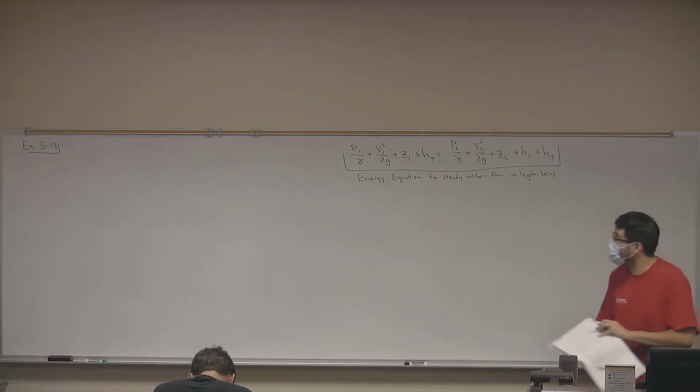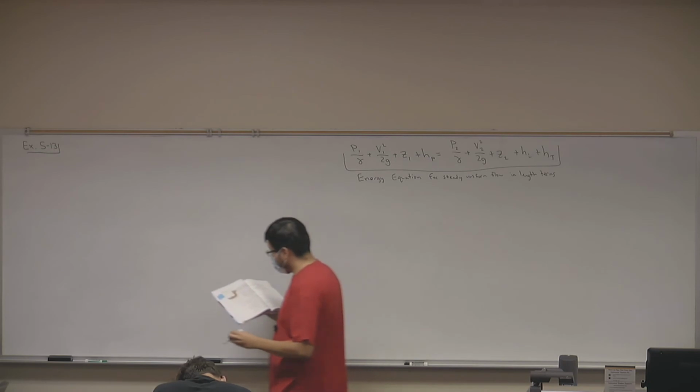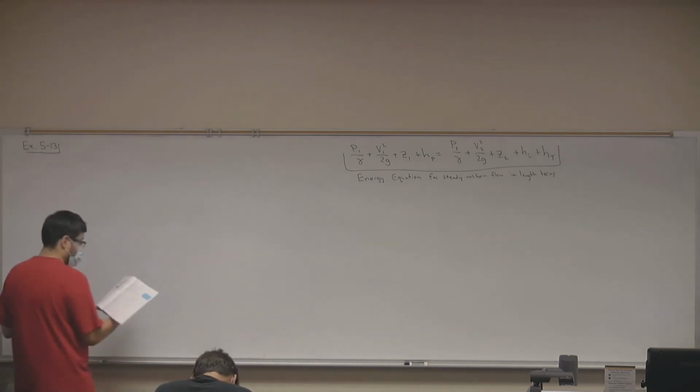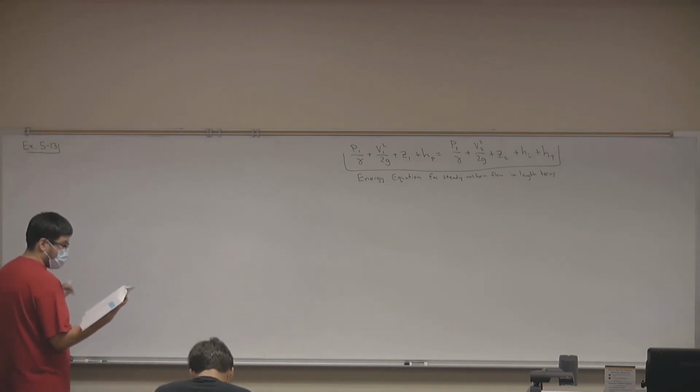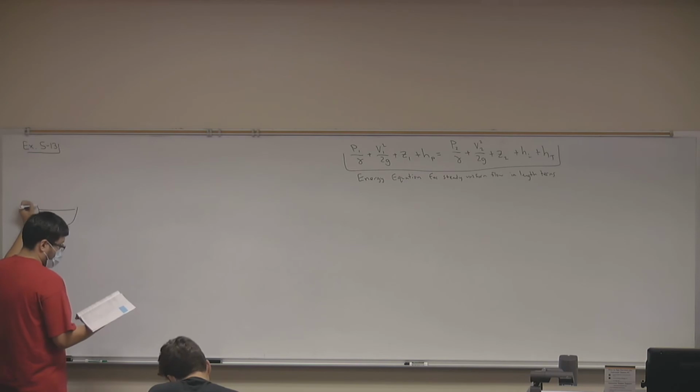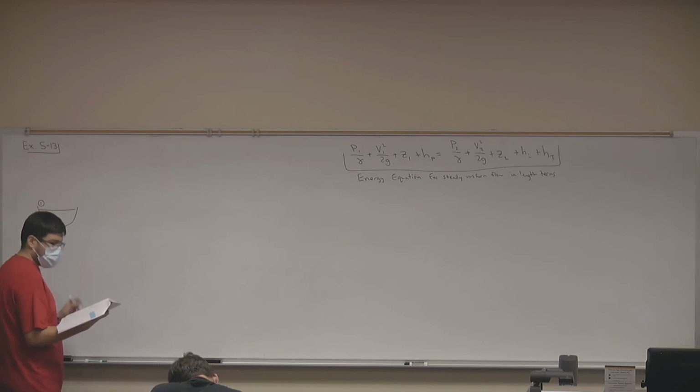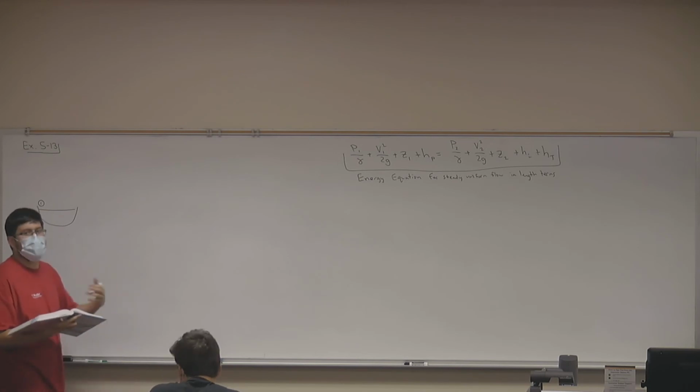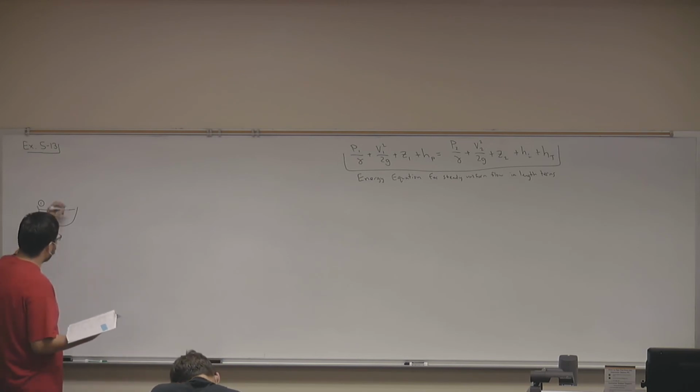So example 5.13, we're given this interesting system where we have an irrigation pump that supplies water to a pond. So my system starts at a lower pond. We're going to call it 1. I should not have done that because I wanted to ask you what's my inlet, what's my outlet, but never mind. A lower pond that I'm going to call 1.